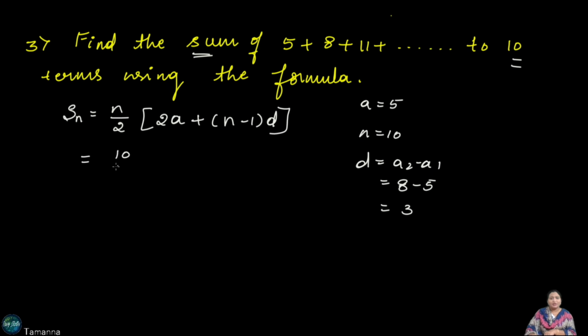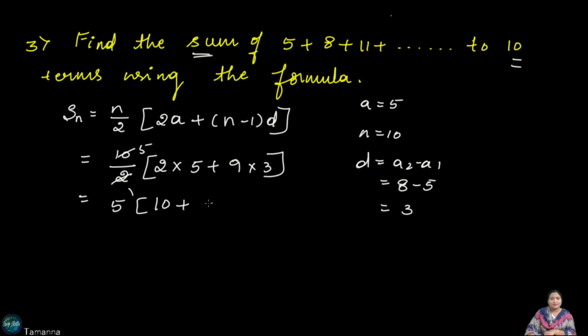So 10 by 2, put the values of all the known quantities: 2 into 5 plus n minus 1, which is directly 9, and d is nothing but 3. So multiply or divide whatever it may be on the basis of the function. 5 and 10 plus 9 3s are 27.